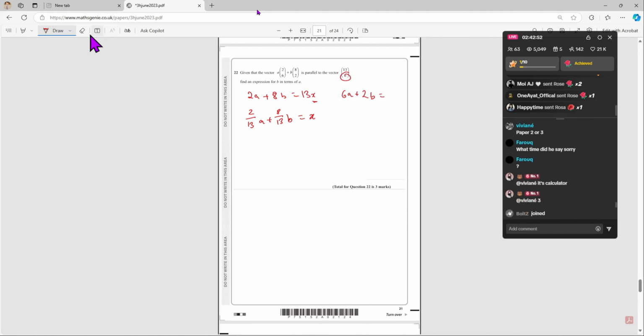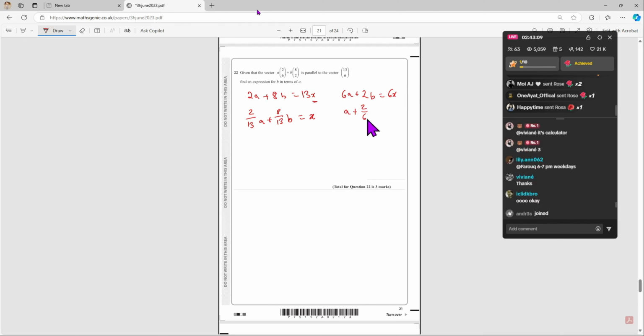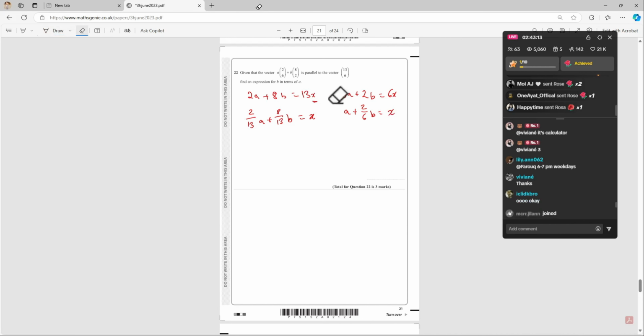To find the value of x, we're going to divide the whole equation by 6. So we get a plus 2 over 6 b is equal to x. We can simplify this to 1/3.